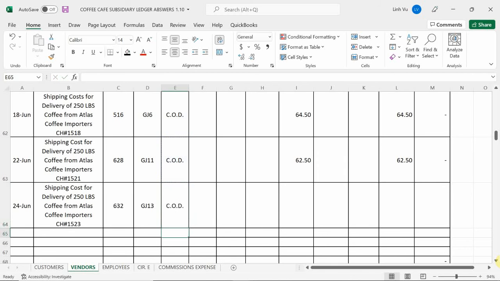It was COD, cash on delivery. So therefore, I owed $62.50, but I paid using check number 1523. So therefore, I should have my calculation say I owe nothing to Freightline. Right? I received my coffee and I paid for the delivery charges. So, what is next?